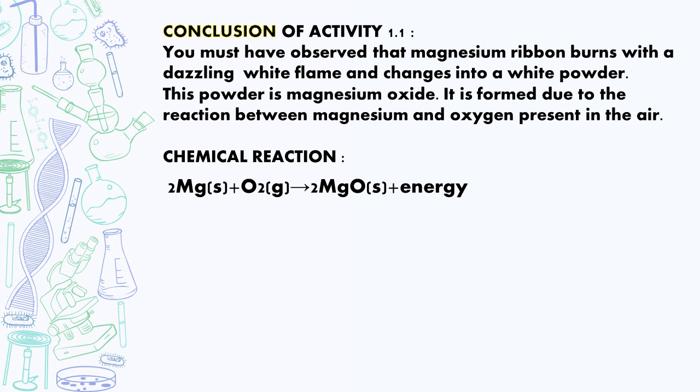It is formed due to the reaction between magnesium and oxygen present in the air. This can be symbolically represented as 2Mg (solid) plus O2 (gas) gives 2MgO (solid) plus energy. Did you see how the two substances reacted with each other to form a new substance?